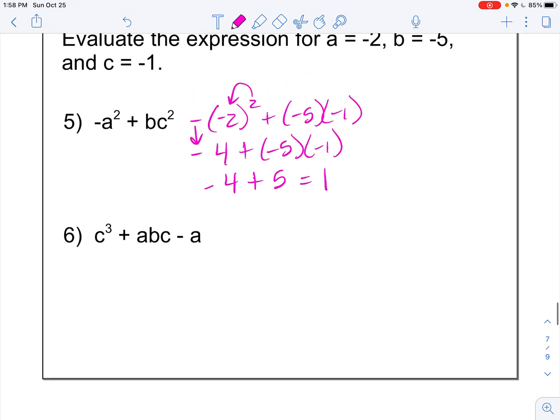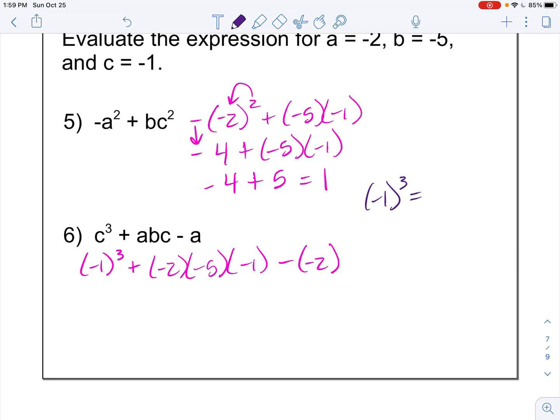So here we go. One more. C is negative 1. And this one's raised to the third, so we get a chance to talk about that. A is negative 2. B is negative 5. C is negative 1. And then we have minus A, which is negative 2. A lot going on here, but parentheses again, none of them. But let's talk about this raised to the third power. What I really have here when I'm doing negative 1 to the third power is 3 negative 1s.